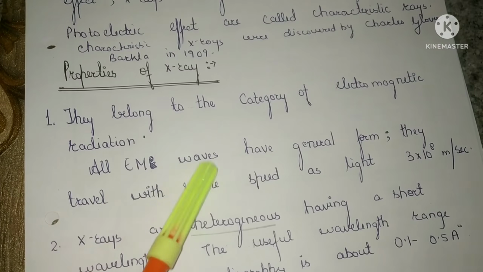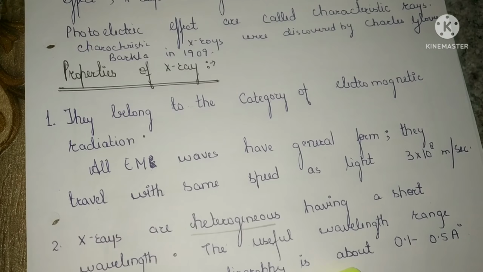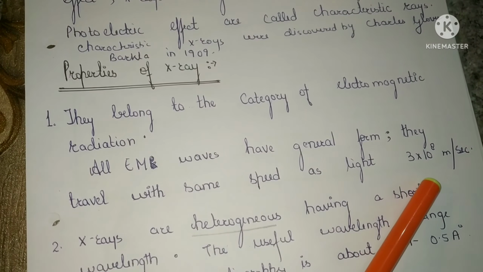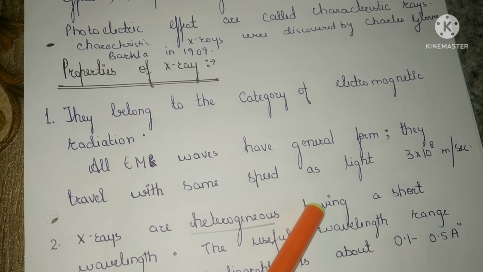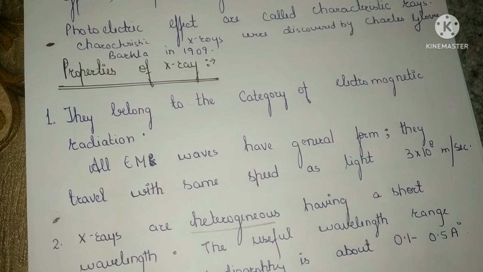All electromagnetic waves travel with the same speed as light. And what is the speed of light? It is 3 into 10 power 8 meters per second. So X-rays have the same speed as light. This is the first property.